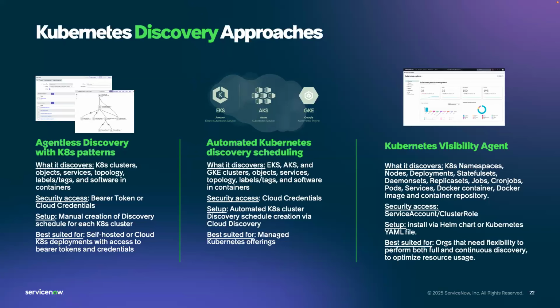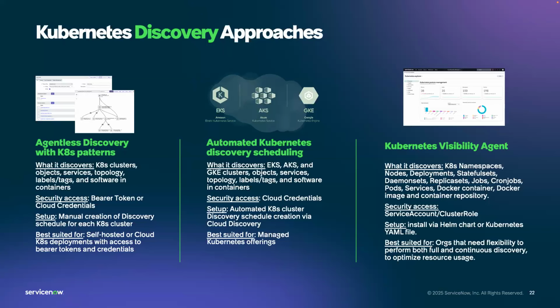Now, there is, let's call it a barrier, sometimes to being able to do pattern-based discovery because you need a token bearer or cloud credentials to be able to do that. And you may run into challenges with the Kubernetes cluster owner that they don't want to give you that, right? Also, setup is somewhat manual by creating a serverless discovery schedule, but it really is best suited for self-hosted.